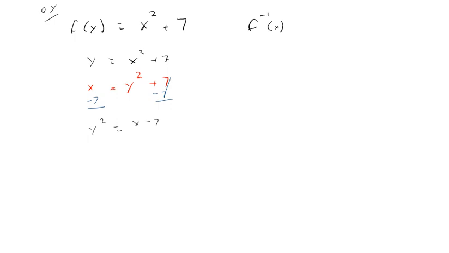I have to square root both sides, and that square root cancels the 2. y equals square root of x minus 7. And so that's my inverse. f negative 1 equals square root of x minus 7.